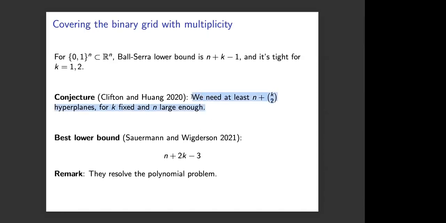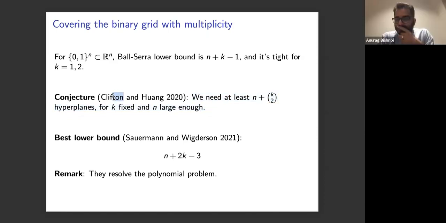So probably for small values, the conjecture is correct. I think Clifton did check that, and at least that's what he told me. I haven't verified the computations, but yes, you can do it with small grids. I think the belief is that the conjecture should be correct, and that's what the small values also tell you. But we can double check that later.